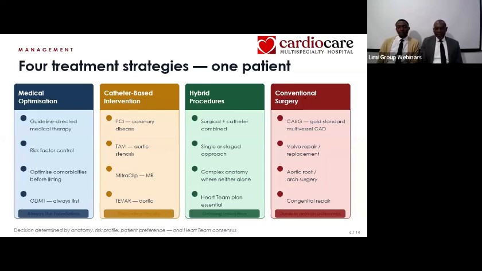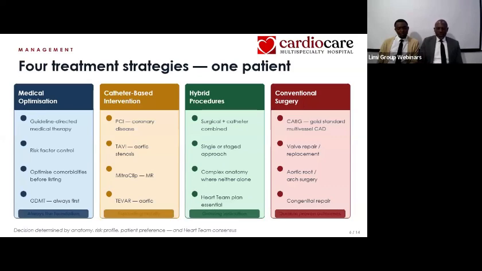And so he's a bit unstable. We know that there's a culprit vessel that we can stent, stabilize the patient, and then bring him in later for proper coronary artery bypass graft for the other stenosed vessels.